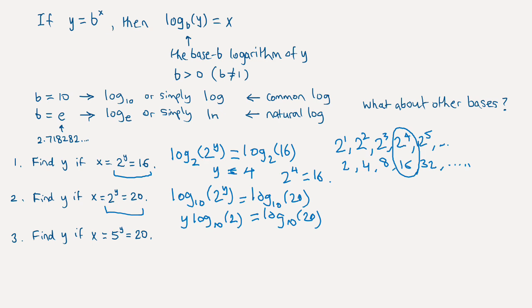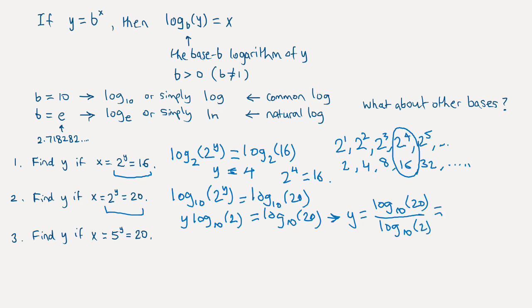Now we've got an equation that we can solve for y. y is going to be equal to the common log of 20 divided by the common log of 2.